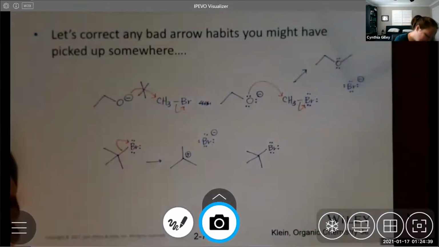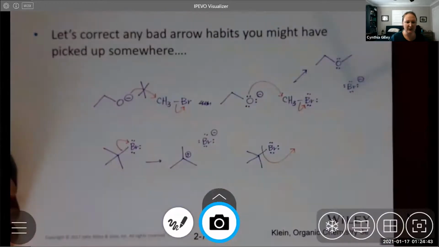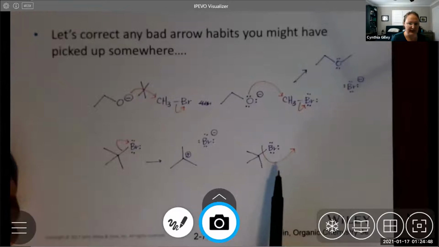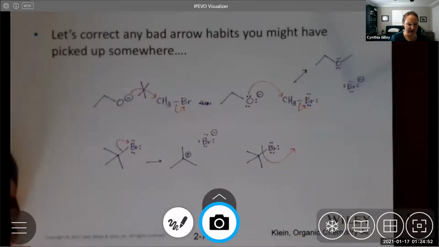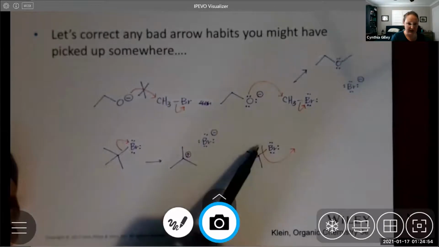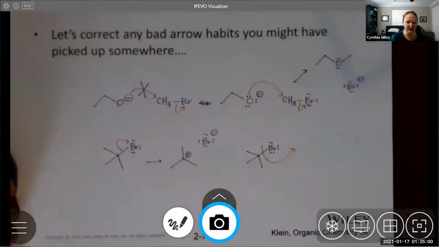I've seen things as crazy as stuff like that, right? So this would be an example of an improperly placed arrow tail and an improperly placed arrow head. This did not start on any electrons. It should have started on the bond. And by pointing off in space, we don't really understand where those electrons are going.